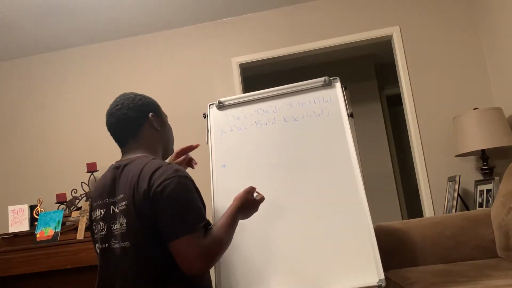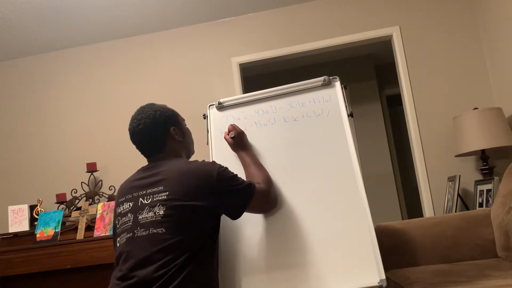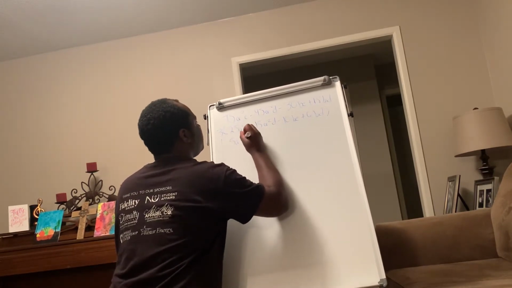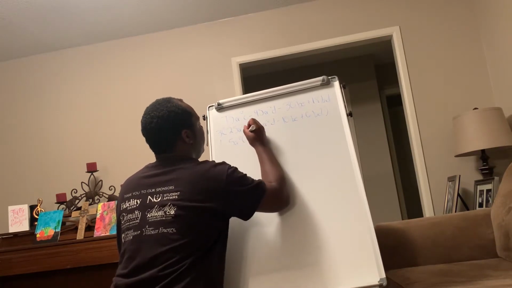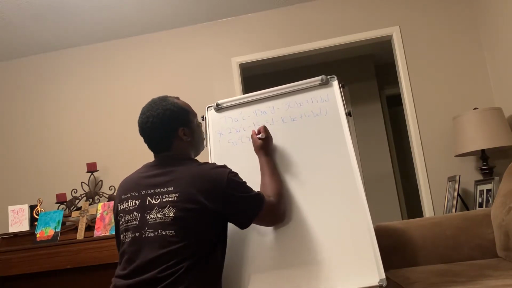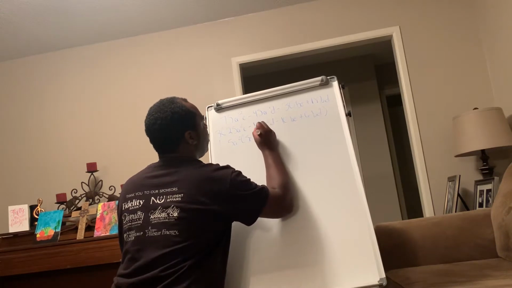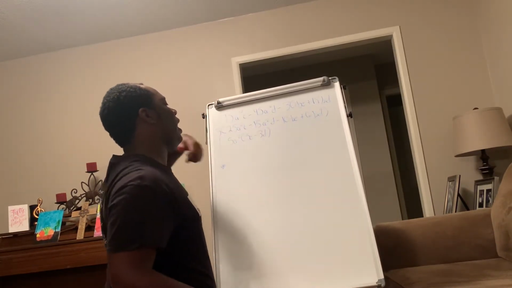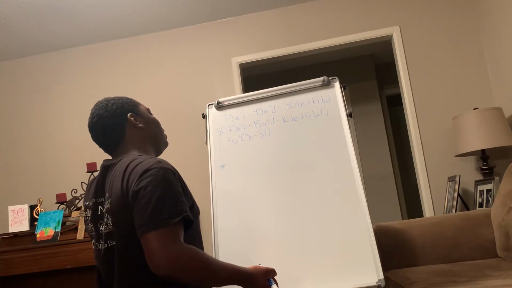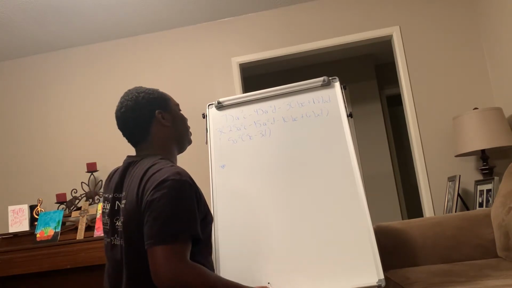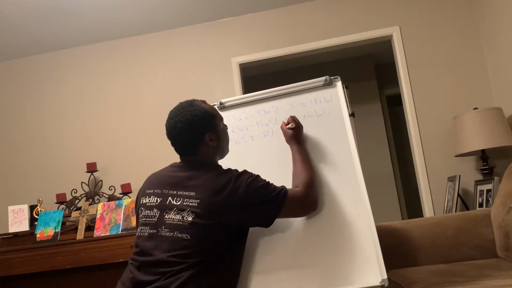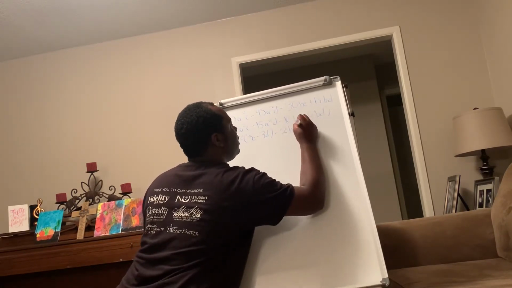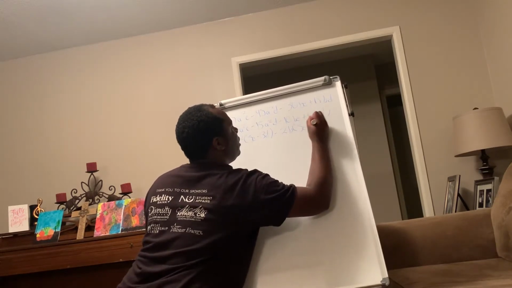So between these two, I have 5a squared and I'm left with 5c minus 3d. Between these two, I have negative 2b. So I'm left with 5c minus 3d.